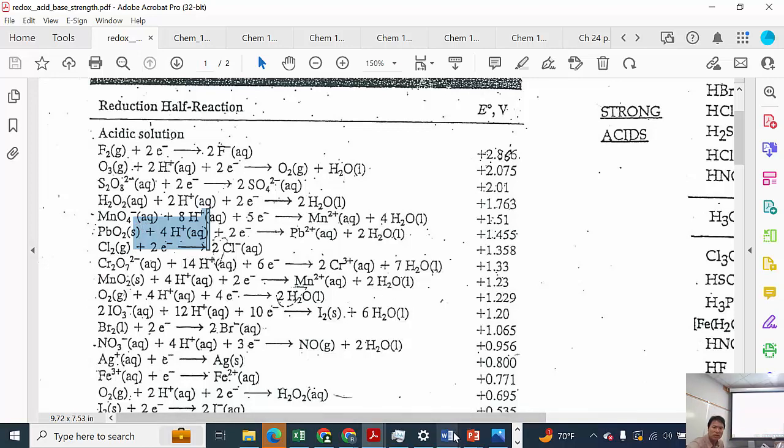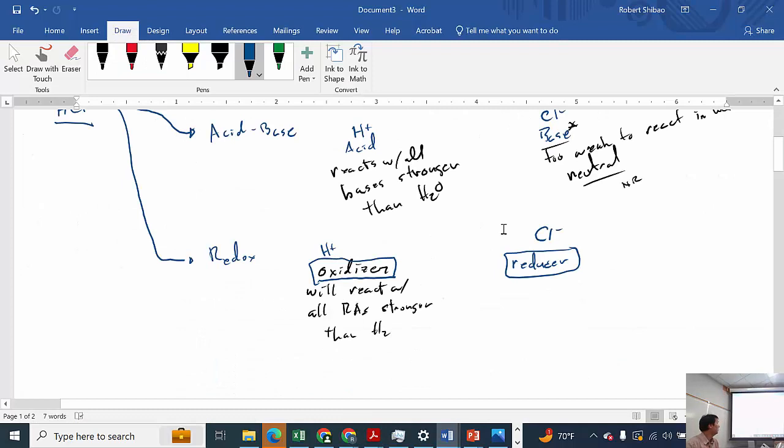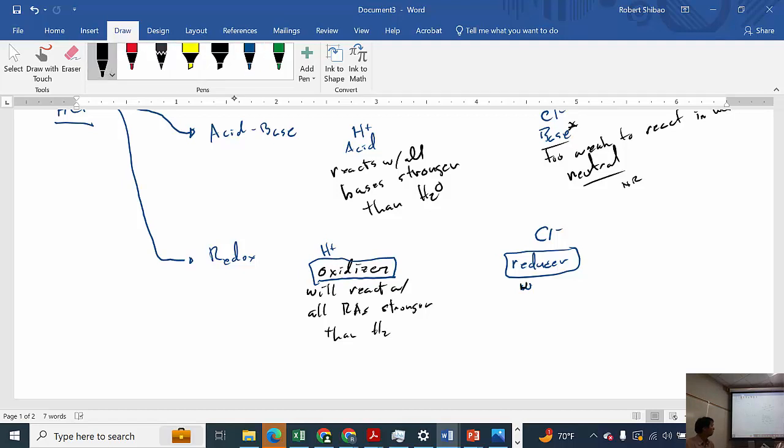It's an oxidizer, so this is the way we'll frame this one. We'll just say that it will react with all oxidizing agents or oxidizers stronger than chlorine. And so permanganate and acid was stronger than chlorine, and so react.